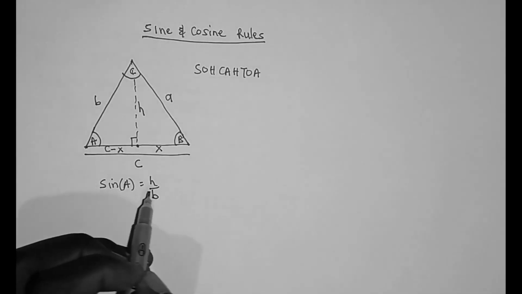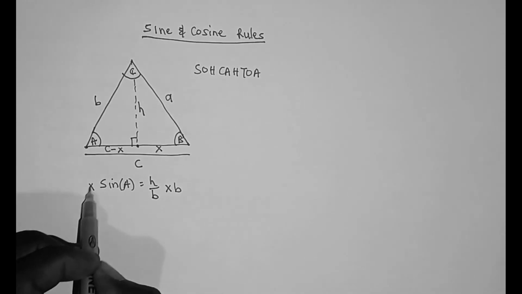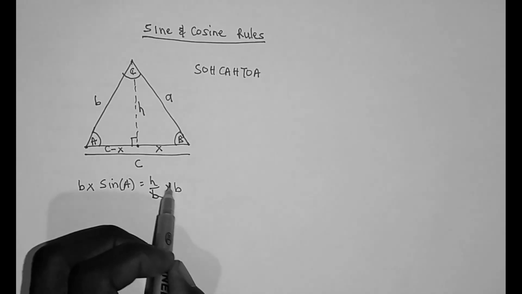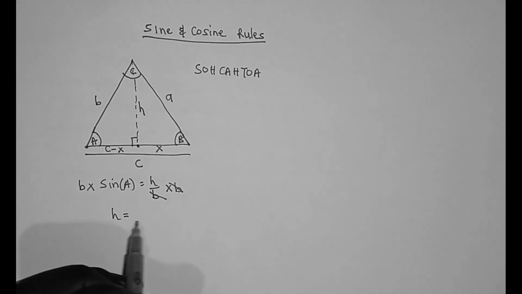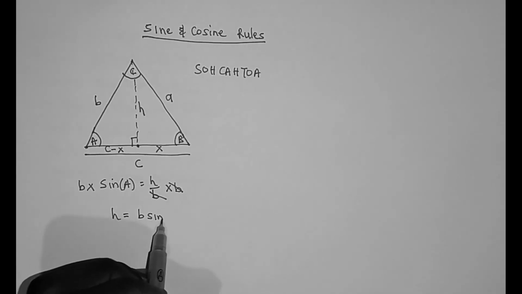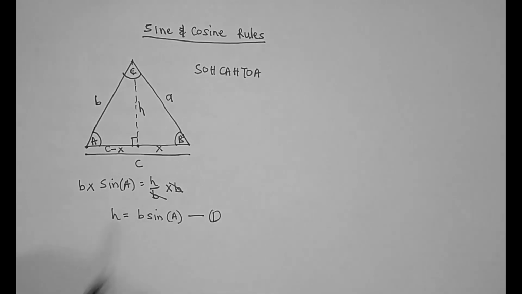So if you multiply both sides by b, this b and this b will cancel. So we see that h is equal to b sine A. Let's label this as our equation 1.